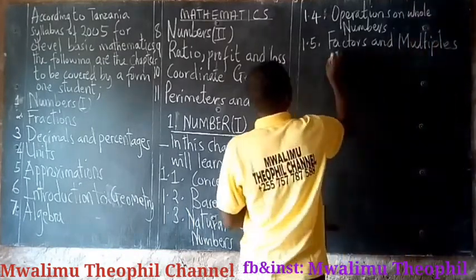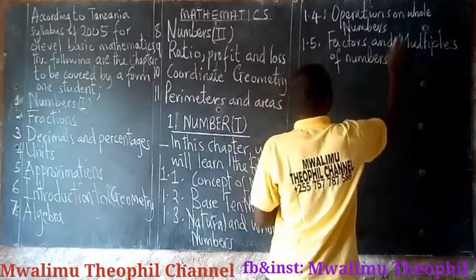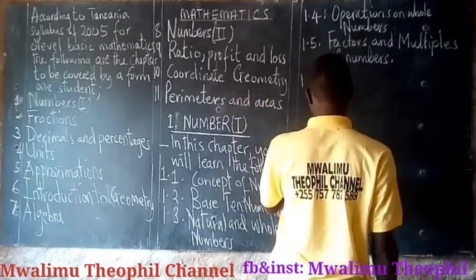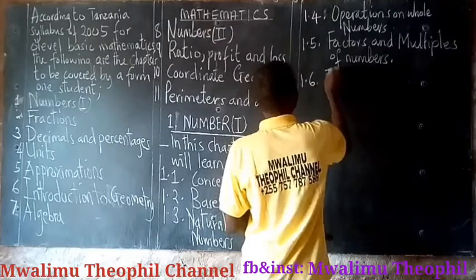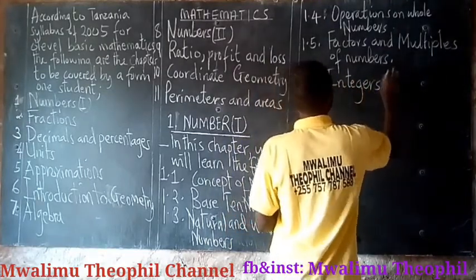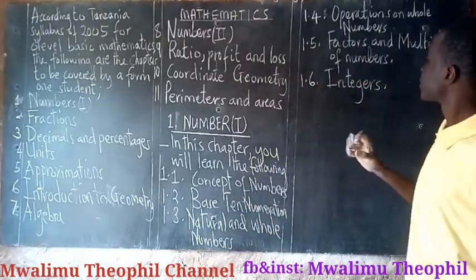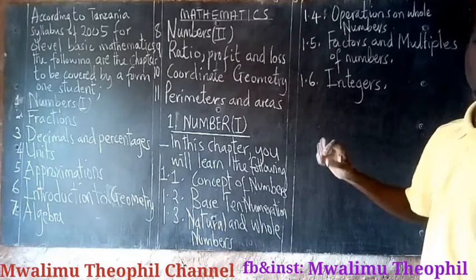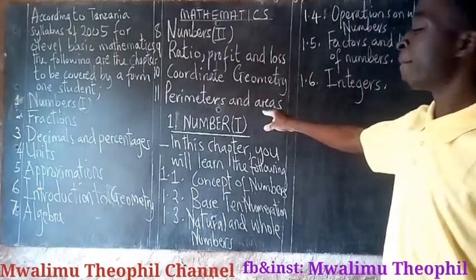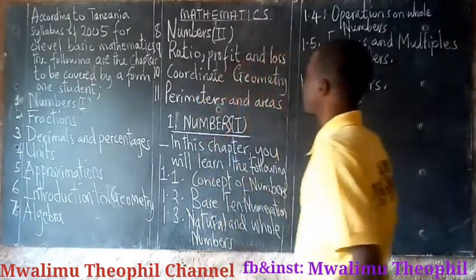The last part will be integers. So these are the parts which should be covered in the first chapter of Numbers Part 1.